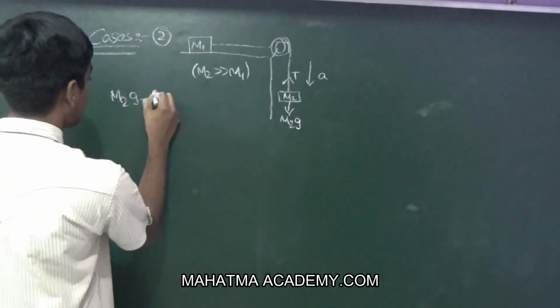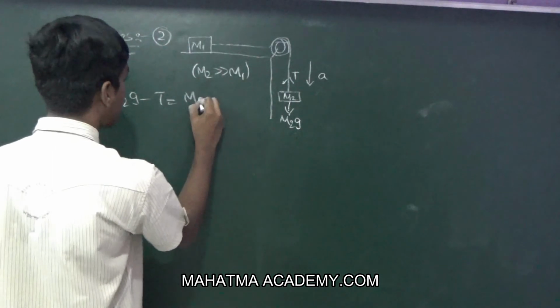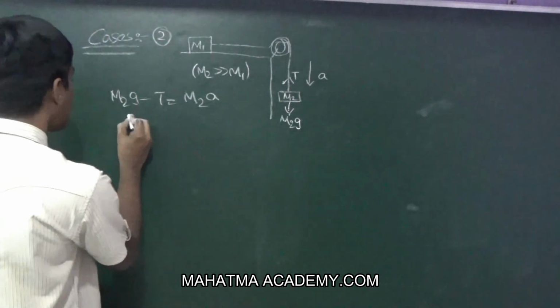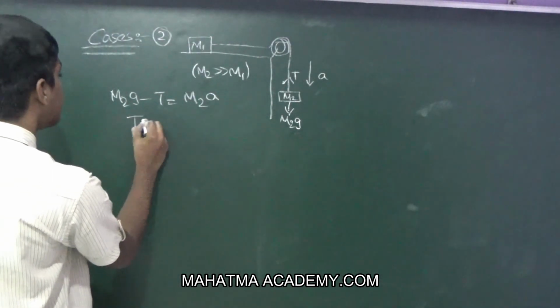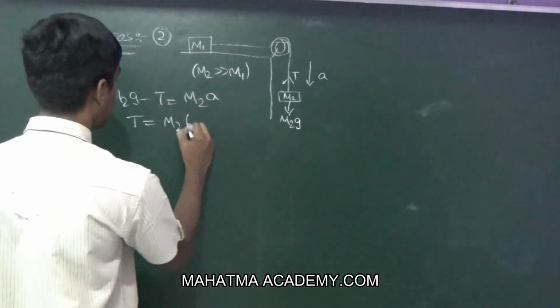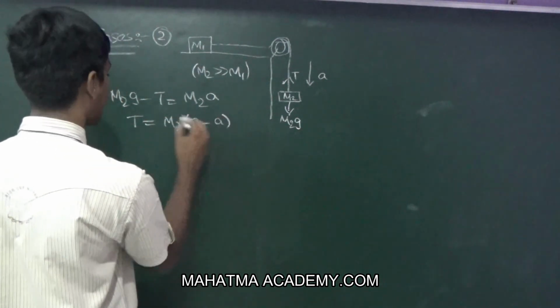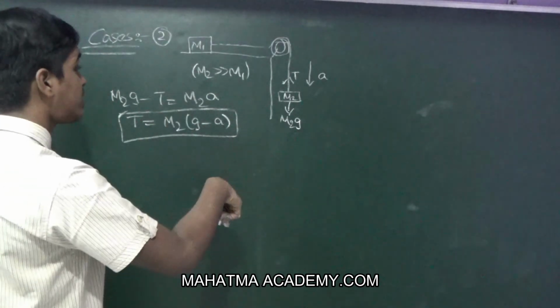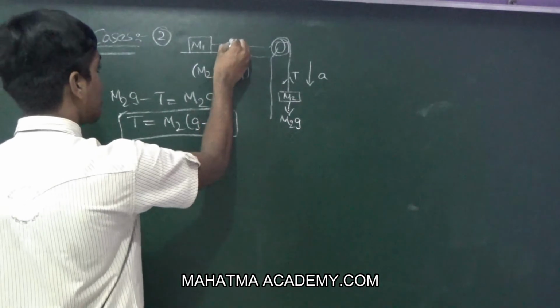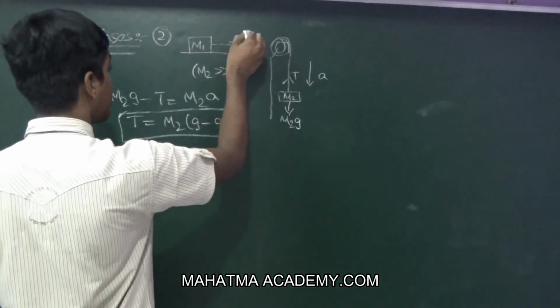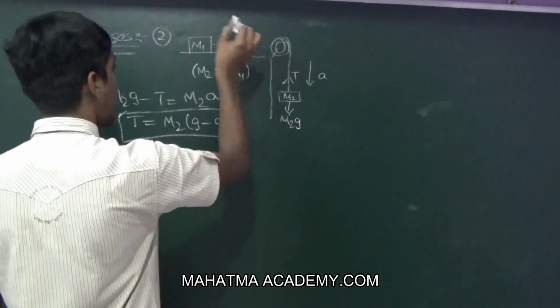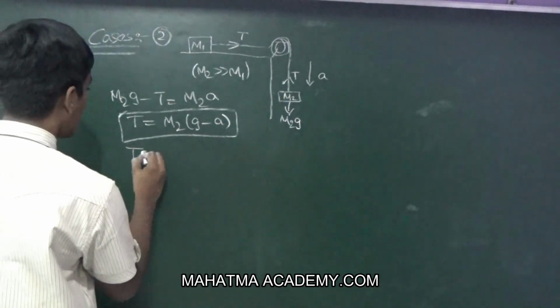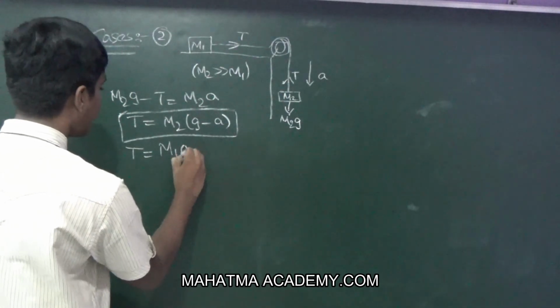So m2g minus T is equal to m2a. So tension is m2 into g minus a. For the first, the tension and acceleration, we have seen that T is equal to m1a.